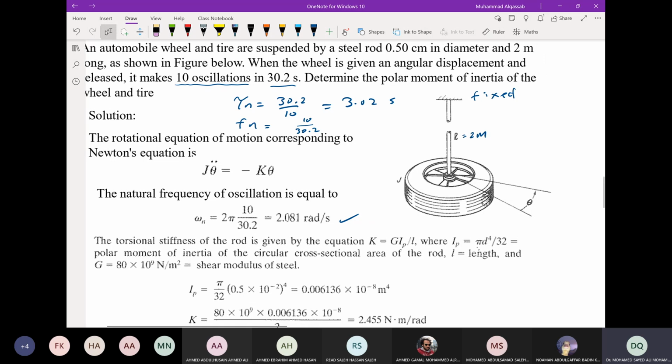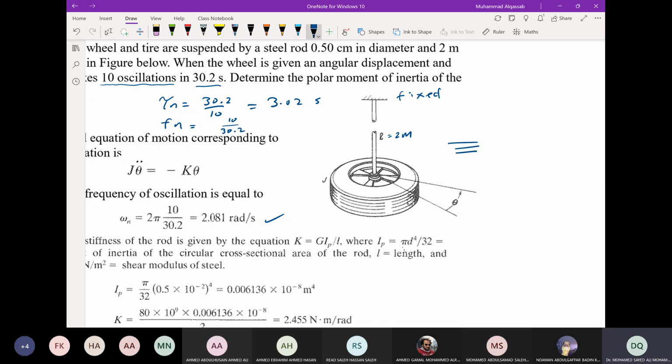The model of this problem is a shaft and a disk. So omega n will be equal to the square root of kt over Jo.